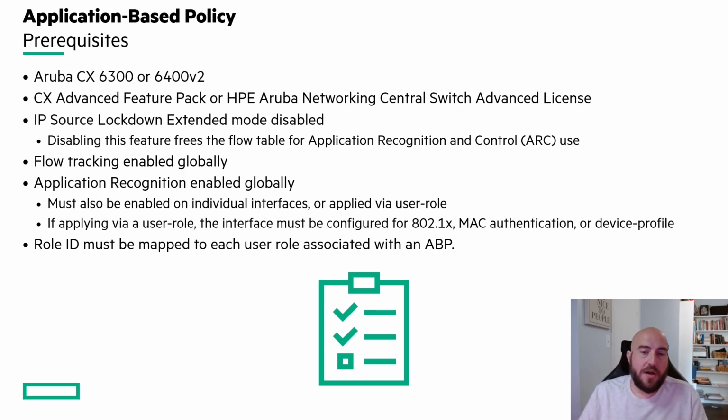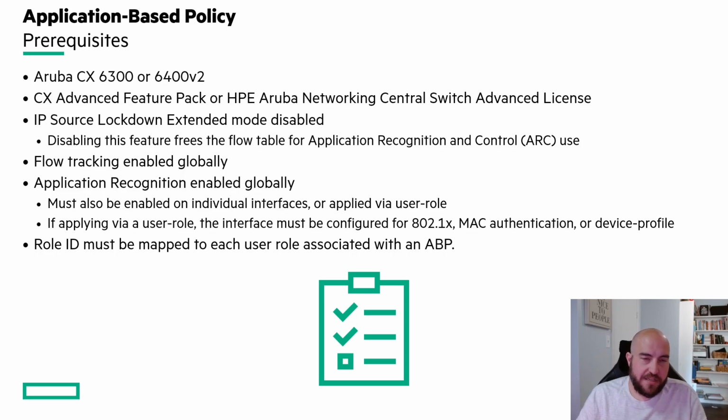We also require that the switches will be licensed with an advanced feature pack, or if you're using HPE Aruba Networking Central, then an advanced switch license is required. So the application recognition is stored within the IP flow tables, so we have to free up some of the resources in that by using the IP source lockdown resource extended mode command.